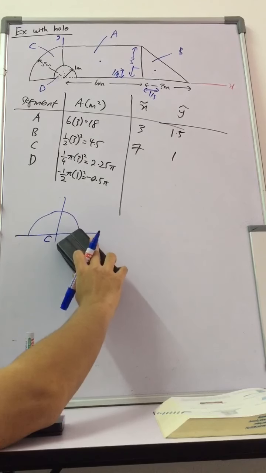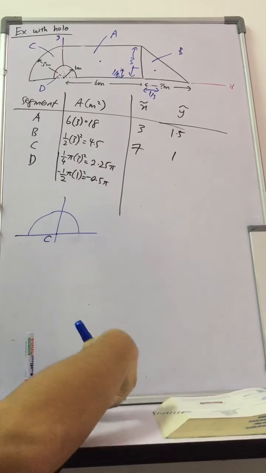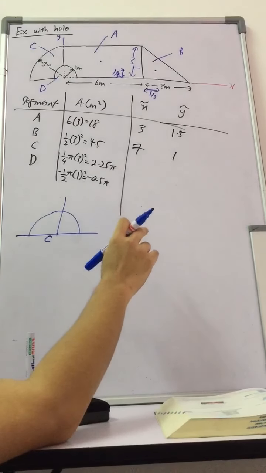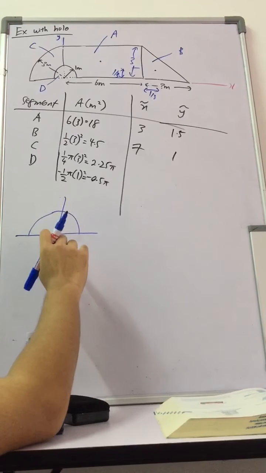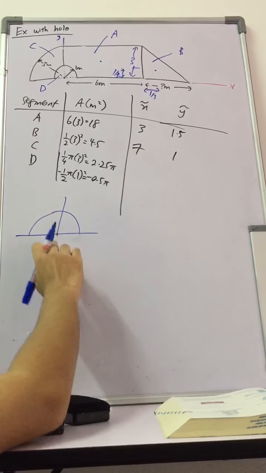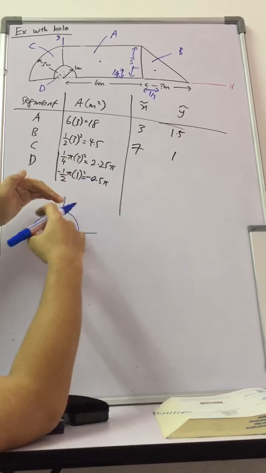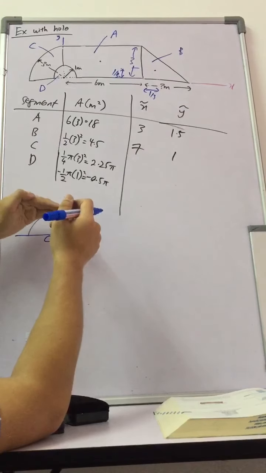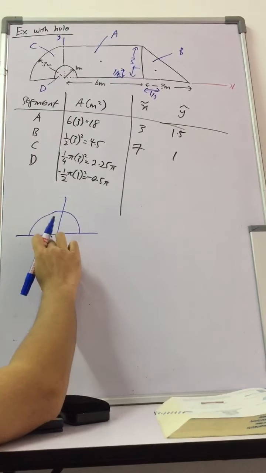If you have a semicircle, will the centroid remain at the center of the semicircle? The answer is no. You can see that the mass or the volume or the area has shifted somewhere. So it's not here anymore.